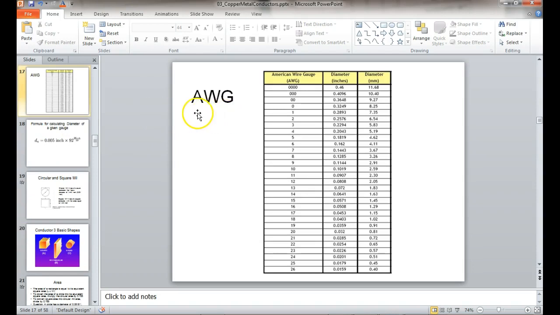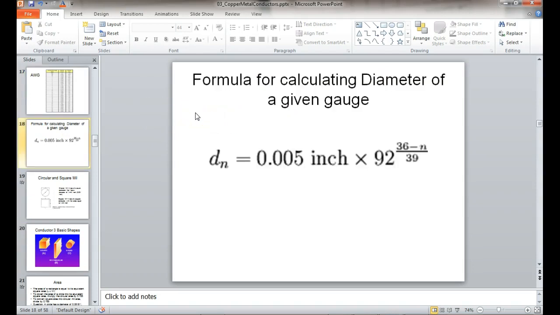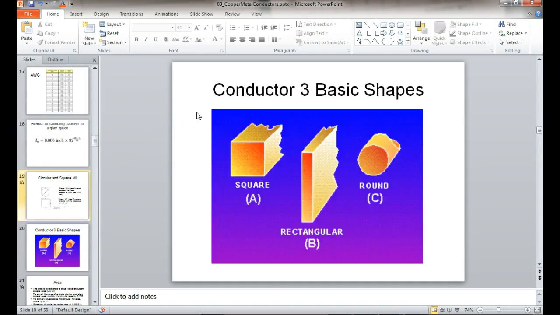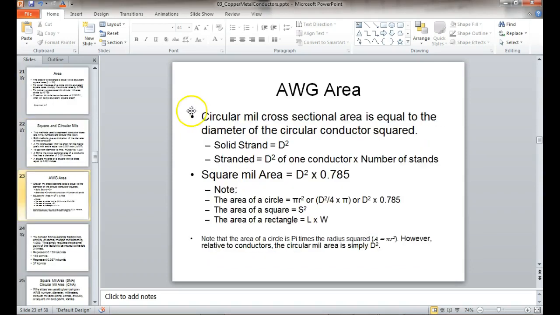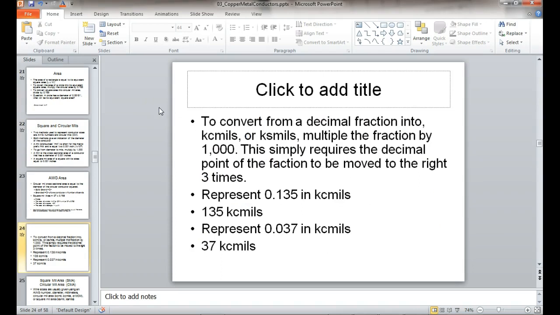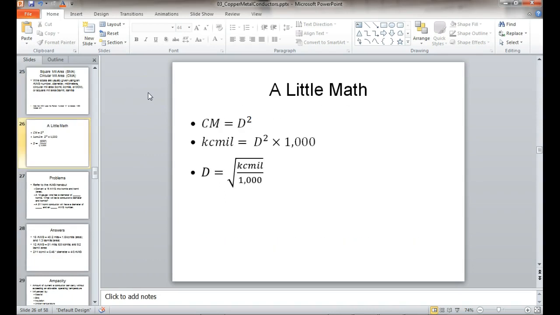We looked at the ampacity chart. We looked at the formula, which we'll never use, the different types of cable, and how to calculate the area and all that kind of stuff. But what's really important, of course, is the kcmil or MCM, which we use in the US customary system for gauging wires.